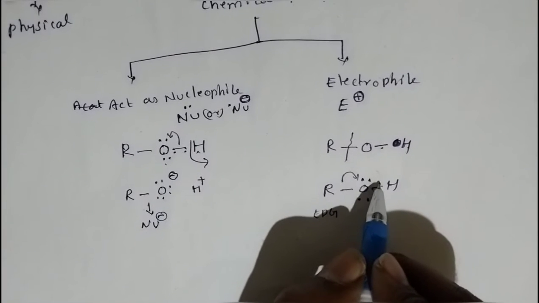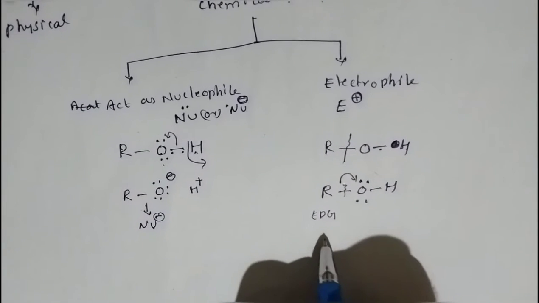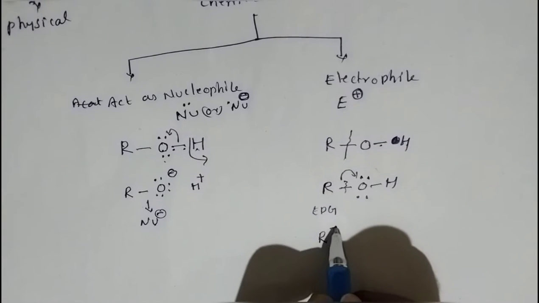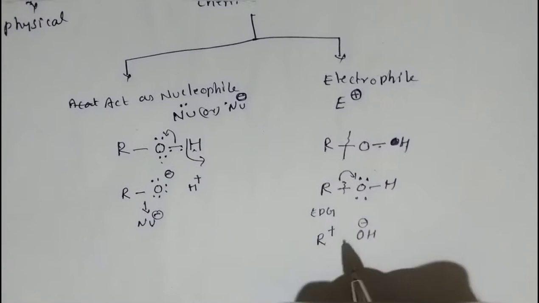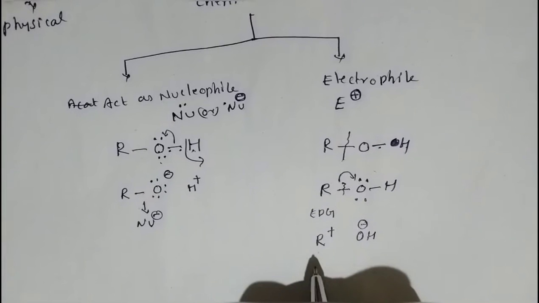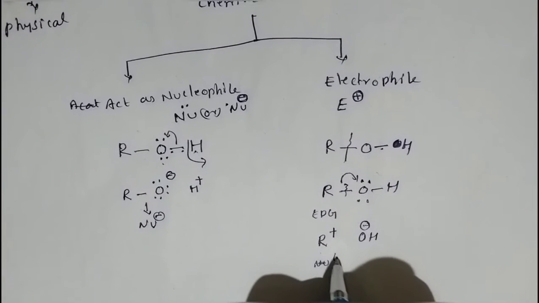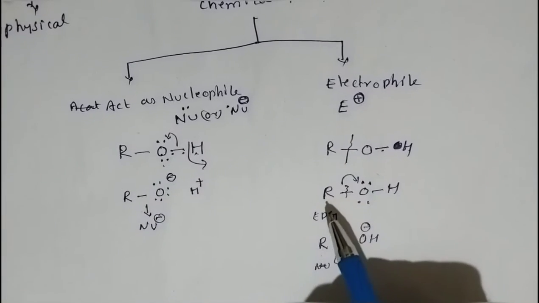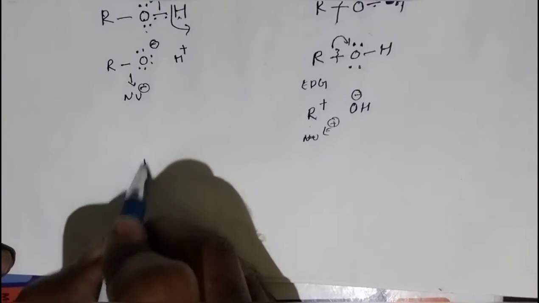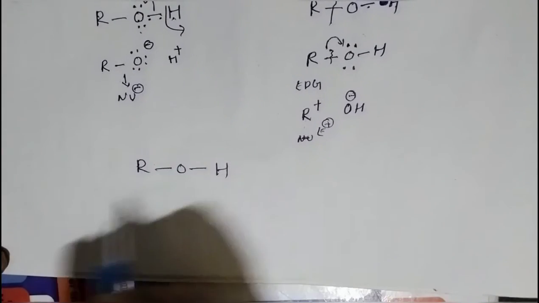Once it donates the electrons, this bond becomes weak and is converted into R plus and OH minus ions. Now this one acts as a nucleophile. This one acts as an electrophile. So alcohol acts as an electrophile. So simple. Alcohol has two different types of bonds.